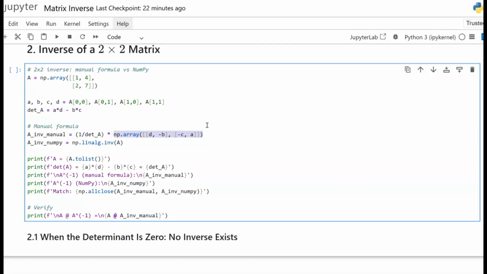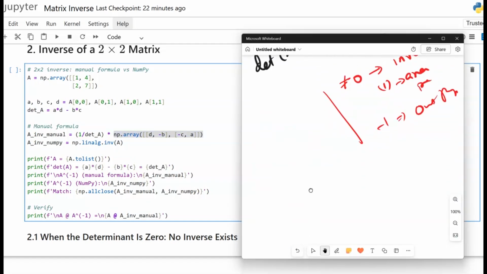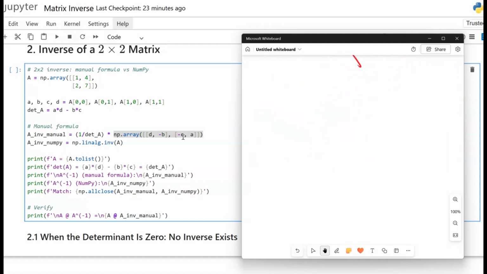Of course, we already know the formula, but anyhow I will let you know again. The formula here is A inverse, which is equal to 1 divided by ad minus bc, with the matrix d, minus b, minus c and a. So this is the exact formula.